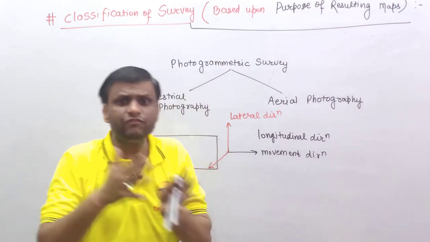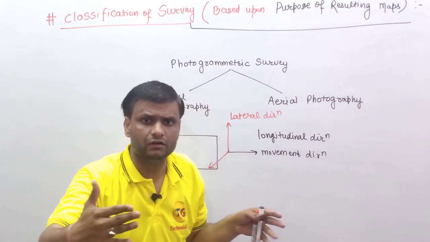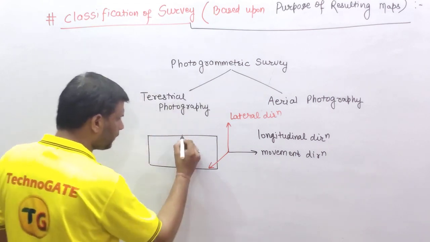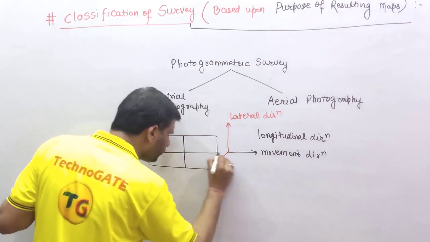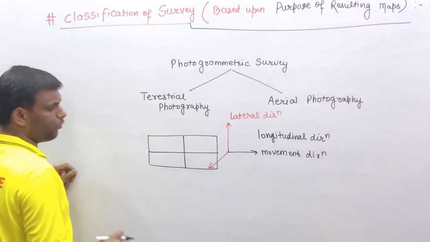After that, the second photograph is taken at such an interval that there is longitudinal and lateral overlap.